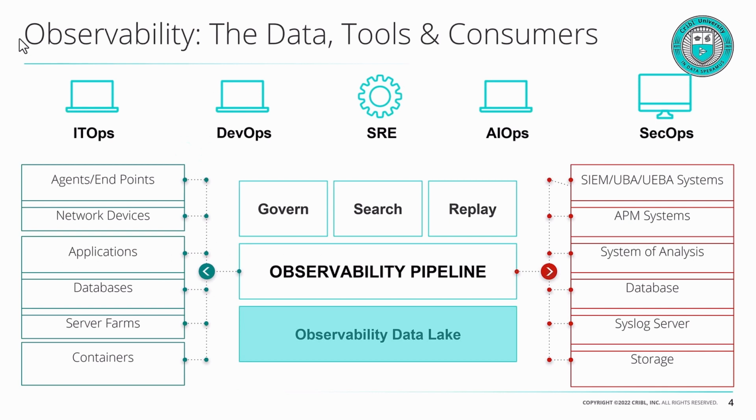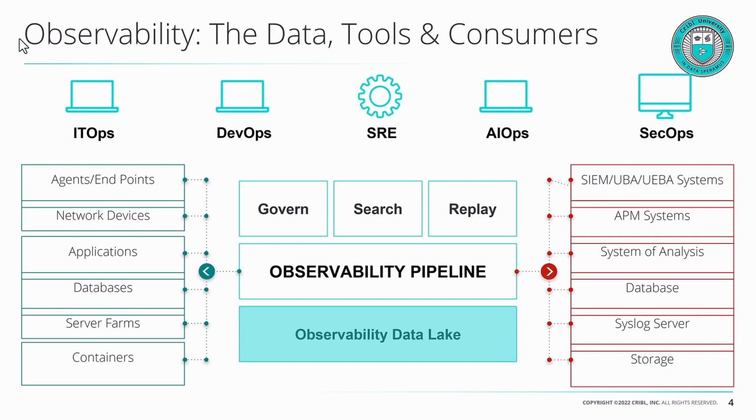In the last session we mentioned this slide too, because what observability is all about is, over on the left, you've got all these devices, systems, or applications that are generating data. Over on the right side, you have all kinds of destinations or recipients of this data. Could be analytic systems, storage systems, a bunch of different things.